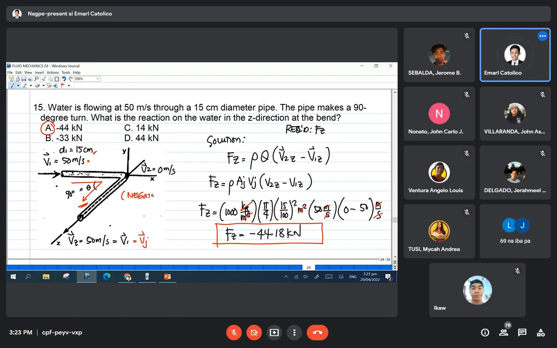Tama? Negative kasi sinulat din. Patalikod yung talsik ng tubig. Yan. Tama? So, letter A ang sagot. So, negative 44.18.